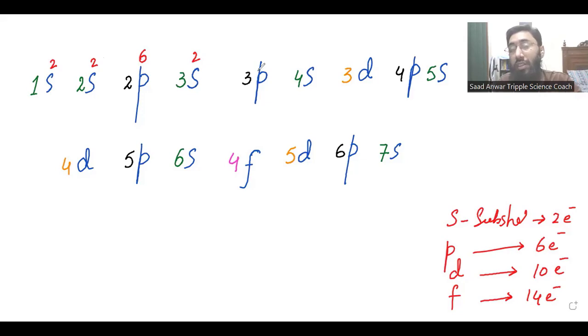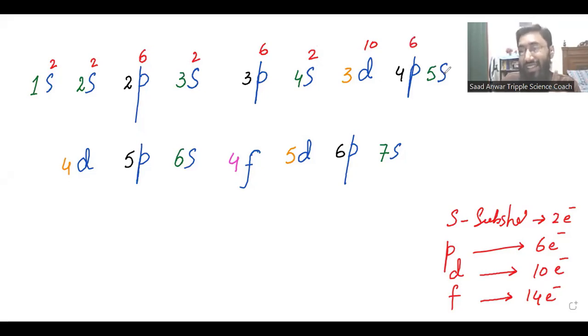In 3p, the p subshell can accommodate a maximum of 6. S subshell maximum is 2. D subshell maximum is 10. In 4p, meaning p subshell, I will put 6.